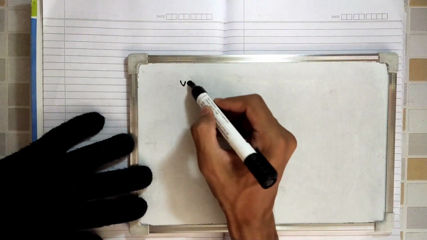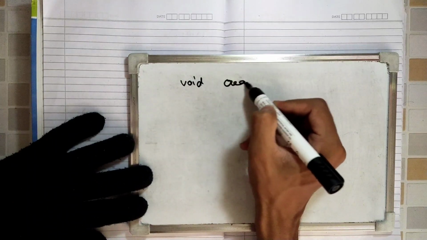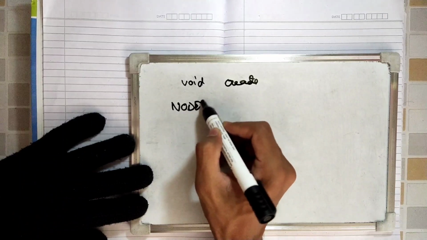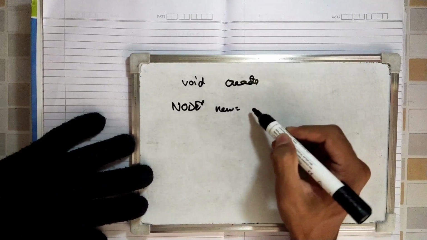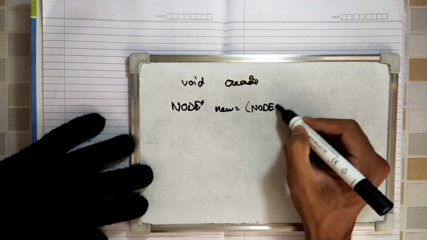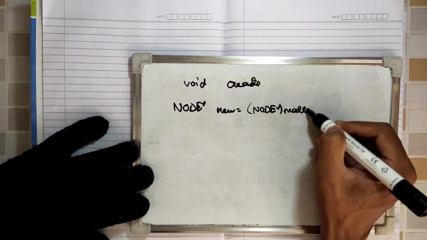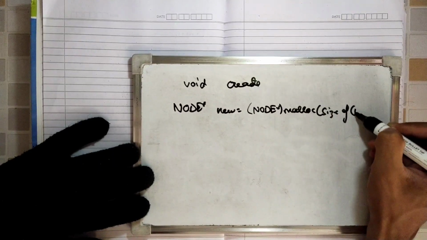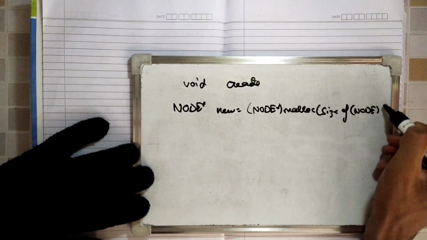Okay, void create. Same thing, what I will do, node star new equals, here node will come and star will be there, malloc, then sizeof, again open bracket, only node will come here, that is it.